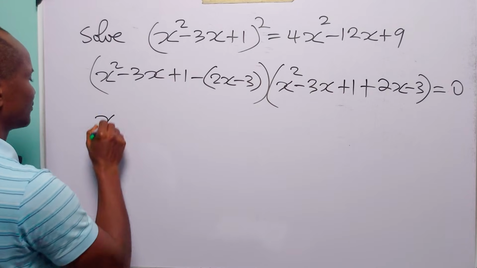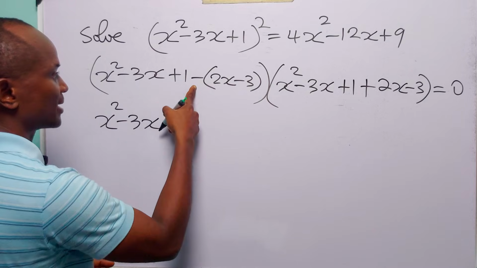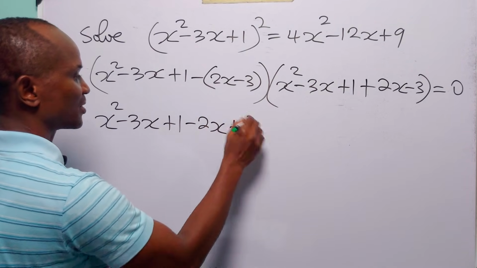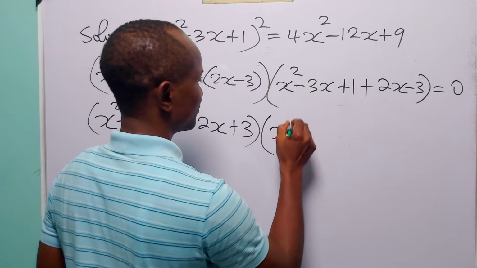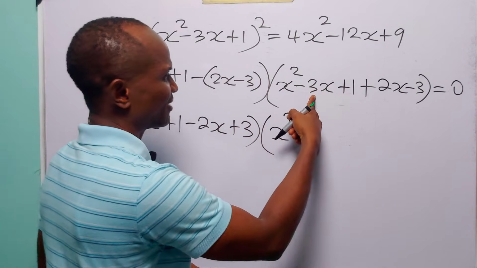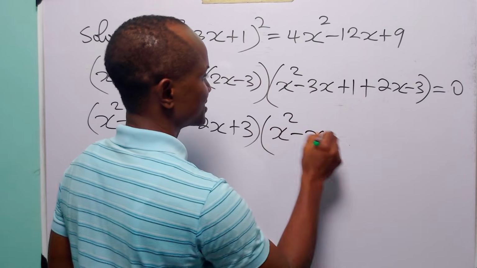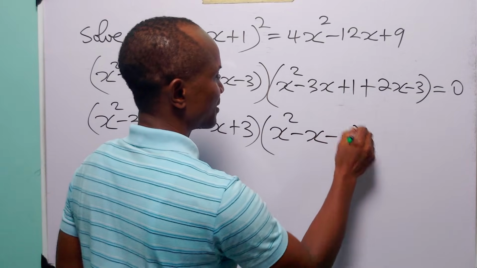We have x squared minus 3x plus 1 minus 2x minus is plus 3 multiplied by, here we have x squared minus 3x plus 2x is going to give us minus x. 1 minus 3 is going to give us minus 2.